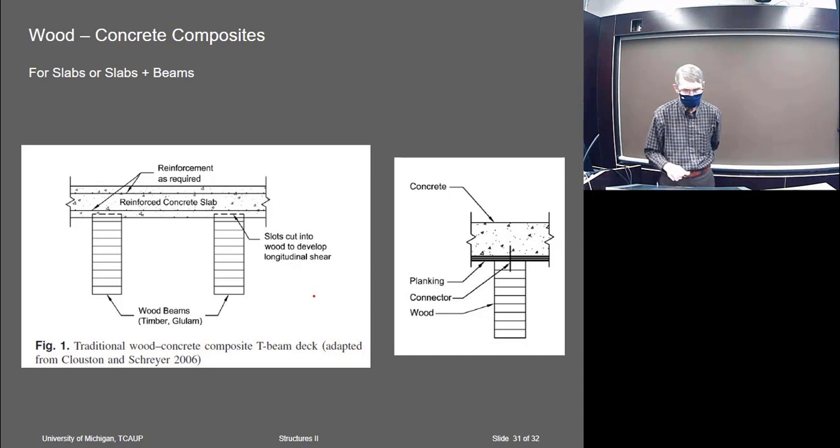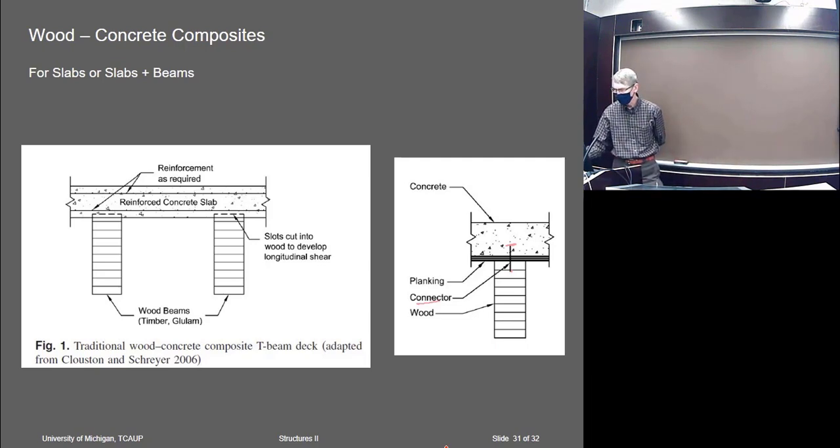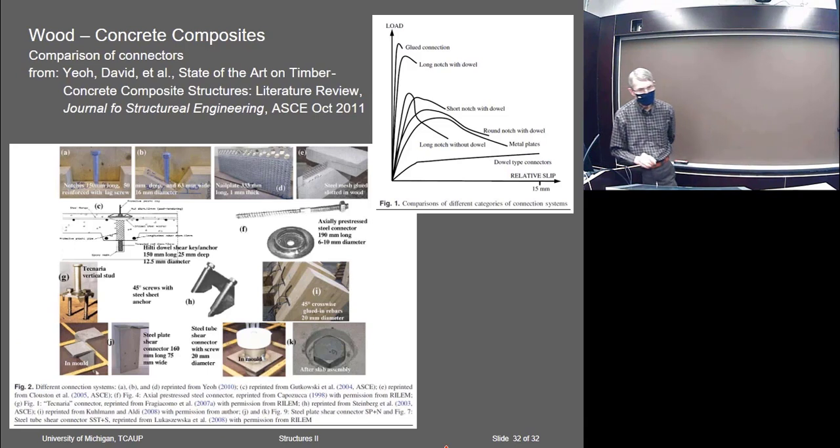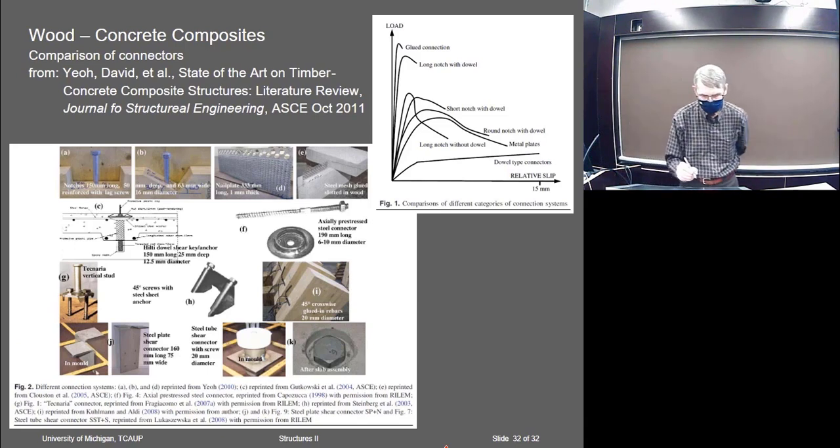And these are other composites where you have maybe a glulam beam that's physically attached with a connector that would be like a Nelson stud but driven into the wood, and then you get composite action. They make these special connectors like this. This is the one we saw in that other example.